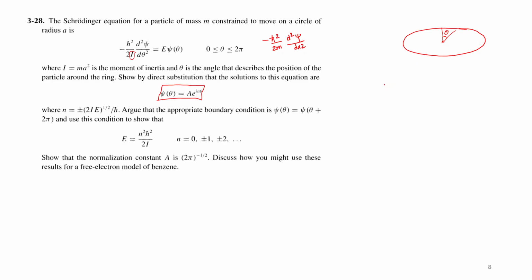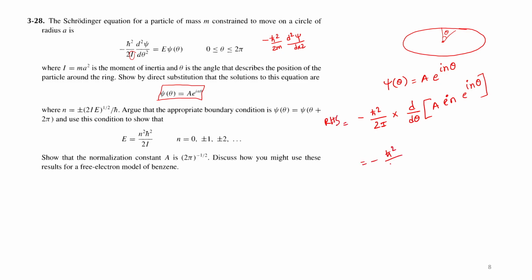So you can put psi theta equals A e to the power i n theta in this equation, and you have to show that the right hand side equals the left hand side. You will be able to do that easily. Minus h cut square by 2I into d2 psi. First, suppose you have differentiated once, that will be A i n e to the power i n theta. That is already done one time.